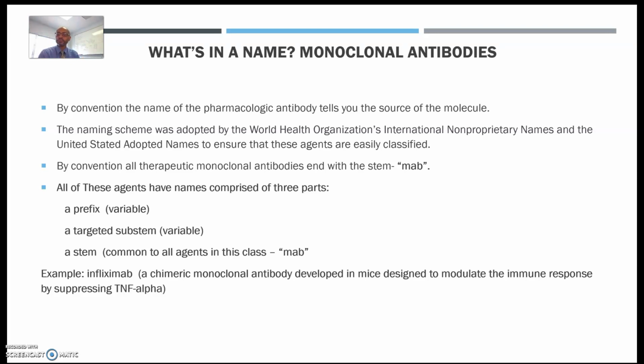For example, let's take the topic of infliximab. Infliximab is a chimeric monoclonal antibody that was developed in mice, which also has a humanized component, which was designed to help modulate the immune response by suppressing TNF-alpha.